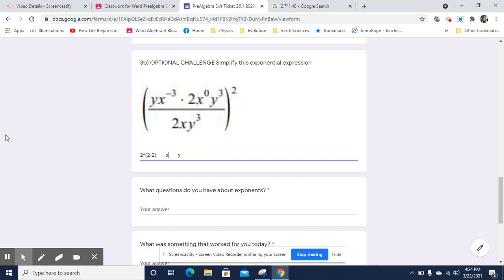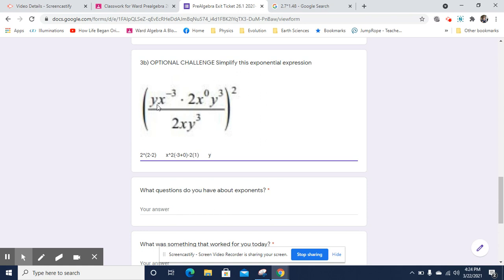And then the x's here, everything's going to be doubled. So I've got x to the negative 3 and x to the 0. So that's going to be 2 times negative 3 plus 0, which won't matter, minus 2 times 1. Okay, so that'll all be pretty easy to deal with.